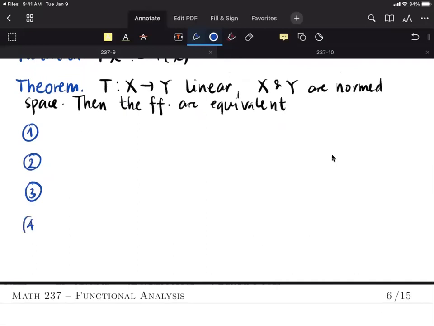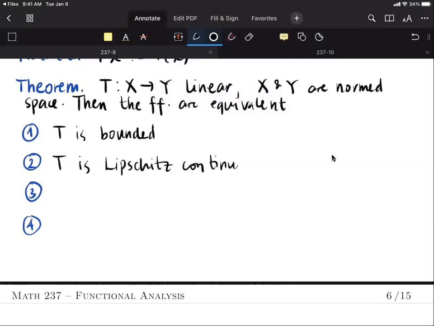First, boundedness of T is equivalent to the fact that T is Lipschitz continuous. These two are also equivalent to the continuity of your linear operator.